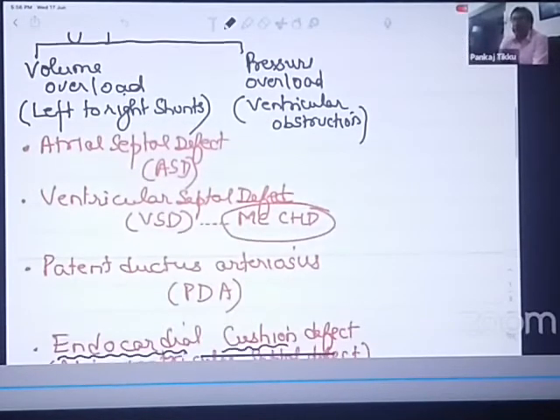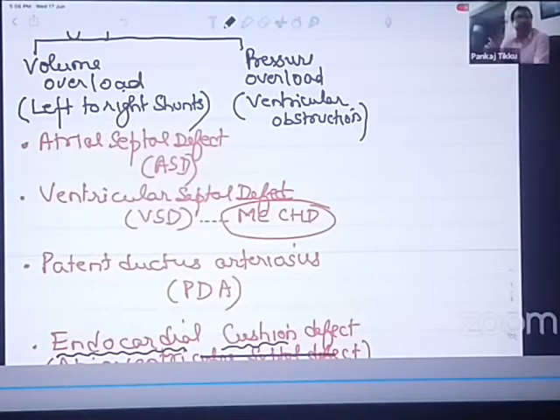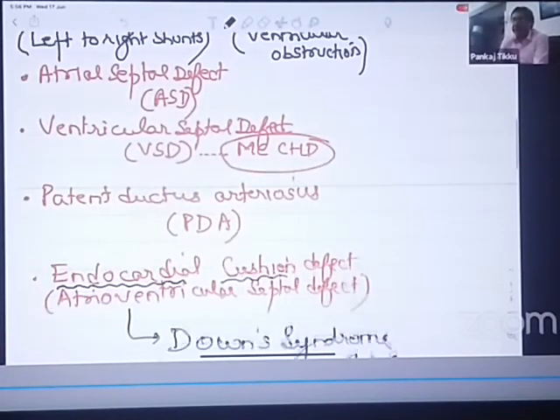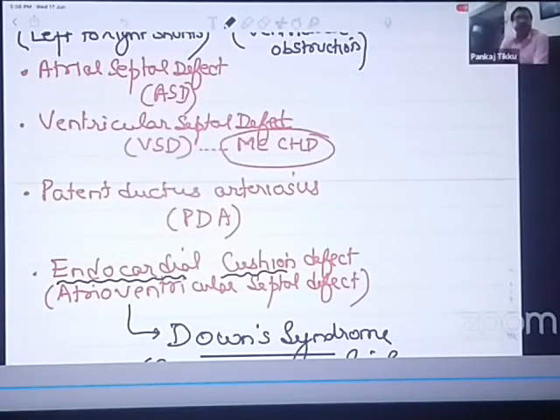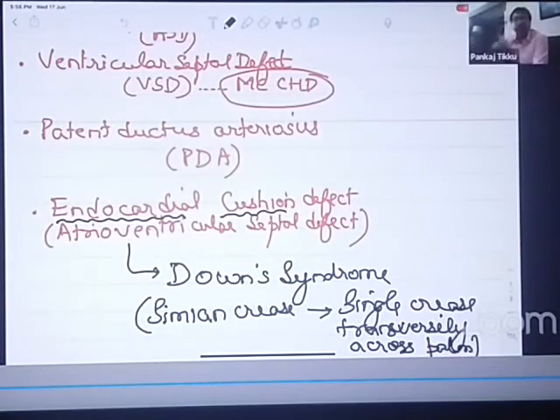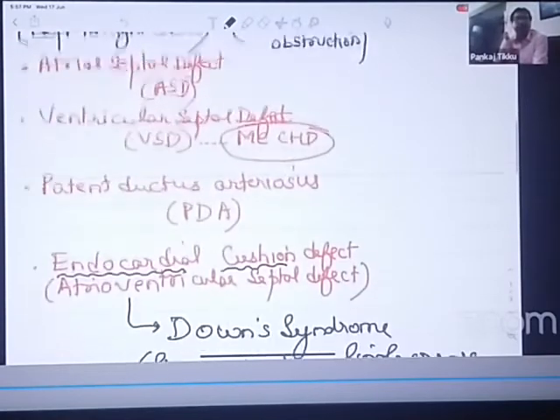The volume overload defects include atrial septal defects, ventricular septal defects, patent ductus arteriosus, and endocardial cushion defect, which is very commonly associated with Down syndrome. So these are the four defects which come under volume overload lesions.